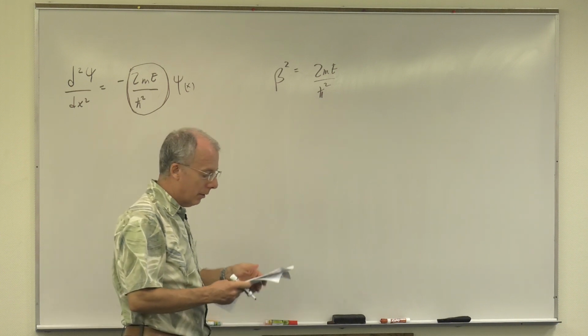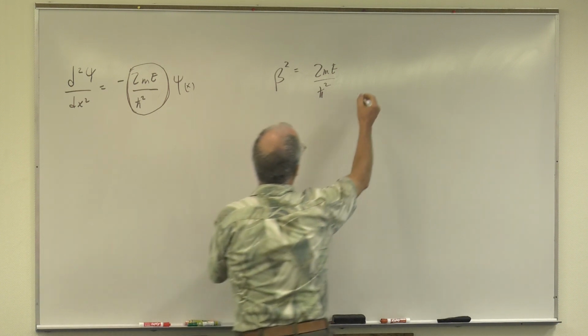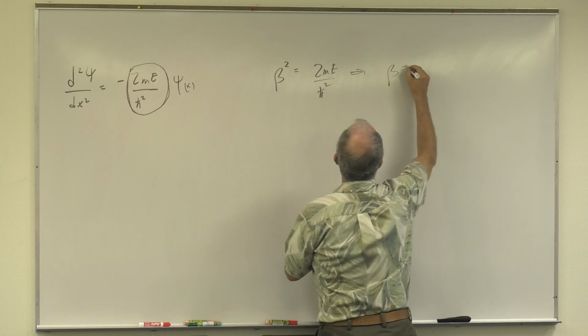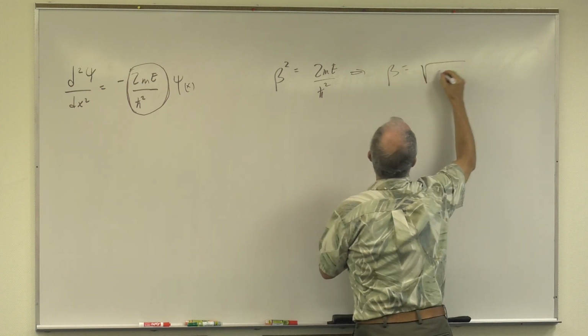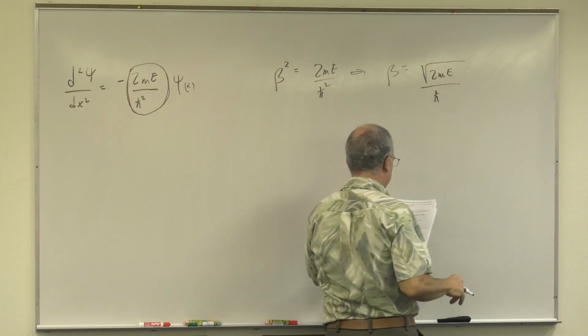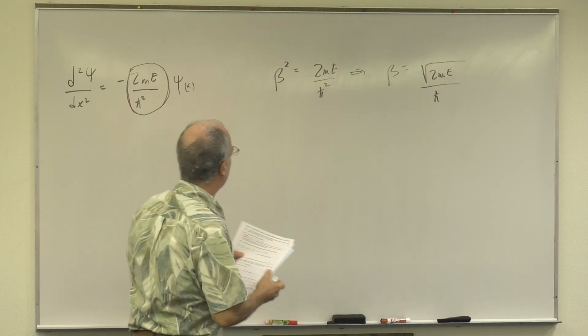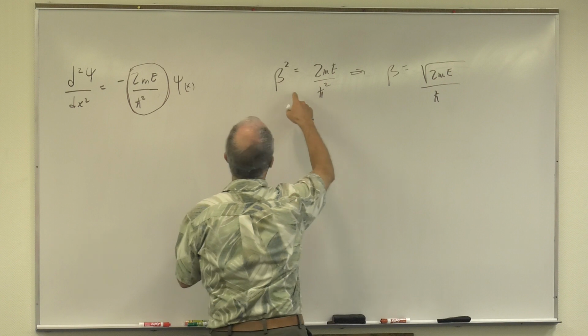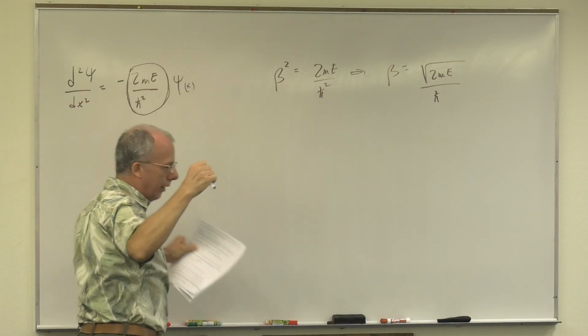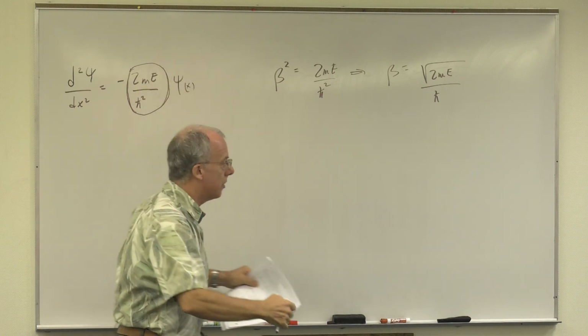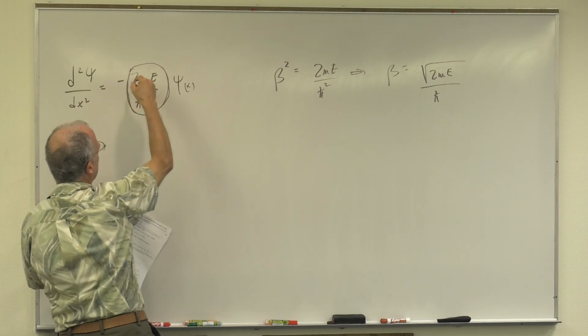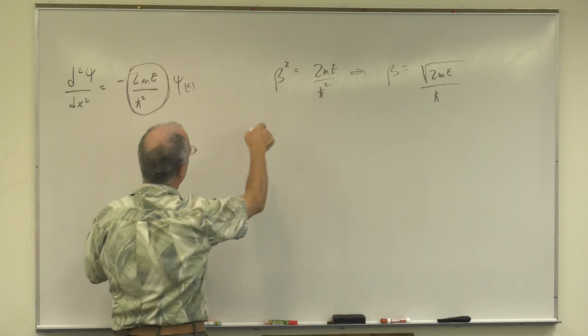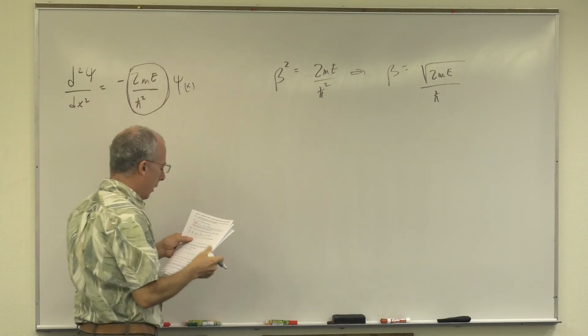So therefore, beta equals the square root of 2mE over h bar. We'll get back to that, all right? But we want to make it super obvious that this 2mE over h bar squared is positive. That's why we call it beta squared.